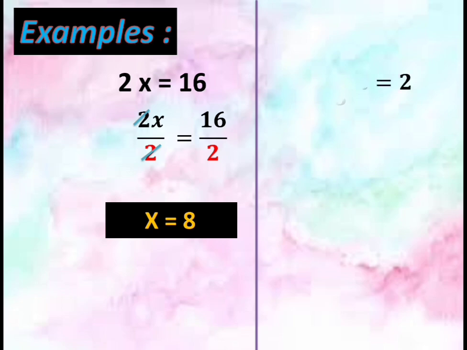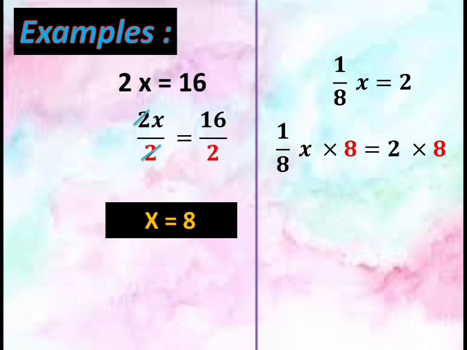Let's see another example. 1 over 8 times x equals 2. To get rid of a fraction stuck with x, I'll just multiply by the opposite. 1 over 8 will cancel if I multiply it by 8. 1 over 2 will cancel if I multiply it by 2. 2 over 4 will cancel if I multiply it by 4 over 2.